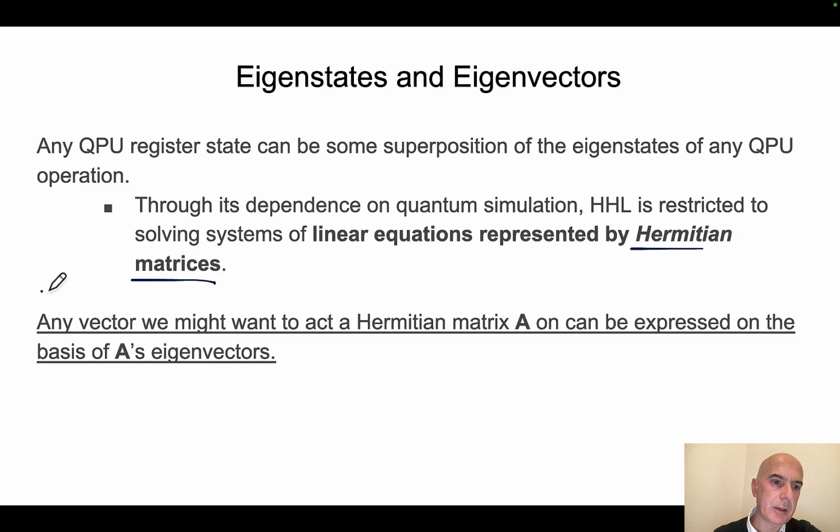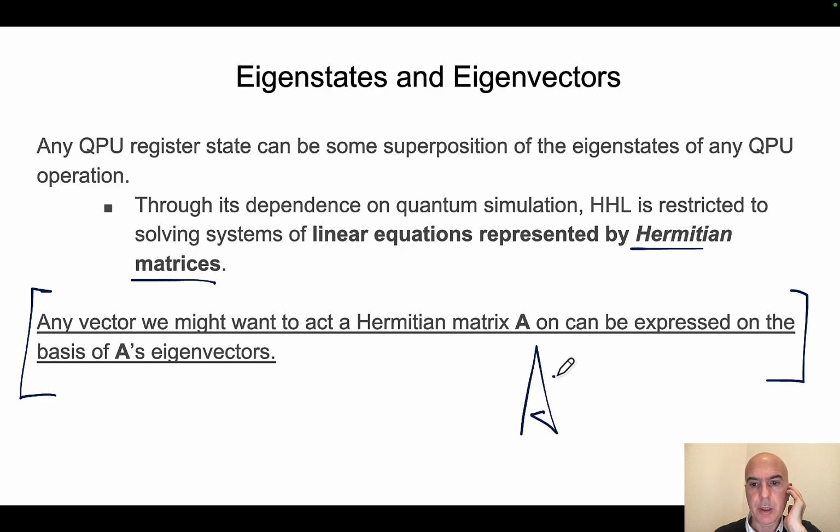An important aspect that we're going to discuss now is that any given vector we might want to act on with the Hermitian matrix A can be expressed in the basis of A's eigenvectors. The typical example: if we have A to the minus 1, we might want to act on the vector B, and we can express the vector B in the basis of A's eigenvectors.